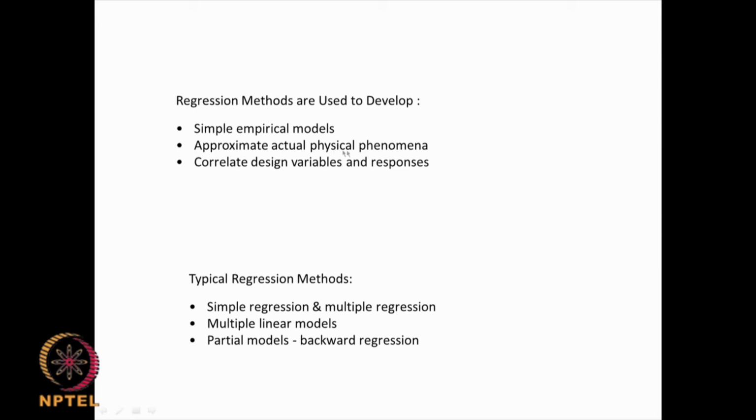We can get some actual understanding of the physical phenomena, we can correlate design variables. So, we can do so many things with the regression models, and the typical regression methods are the simple regression method, multiple regression method, multiple linear models, partial models, backward regression, and non-linear models, second order models, and so on.